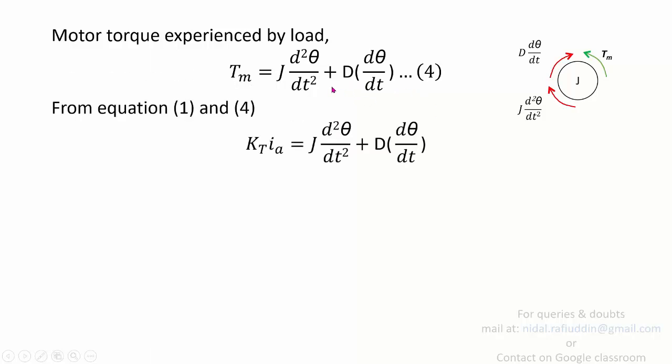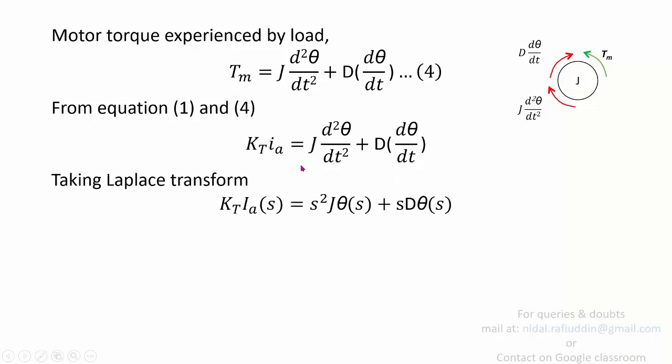Now from equation 1 and 4, since from equation 1 we said that Tm was equal to KTIA, we substitute this value KTIA into this equation to obtain KTIA equal to J alpha plus D omega.